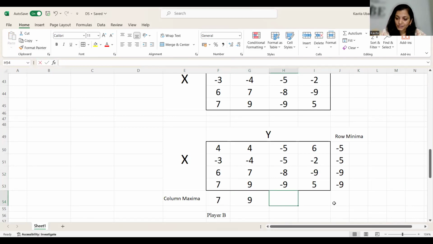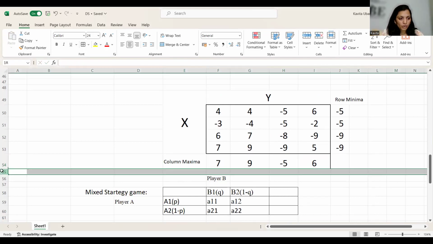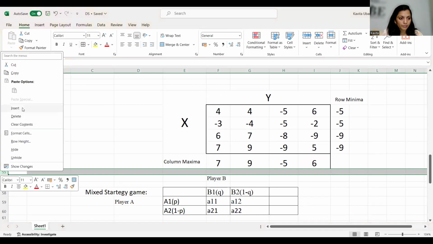Then -5, and here it is 6. This is the way we calculate row minima and column maximum.